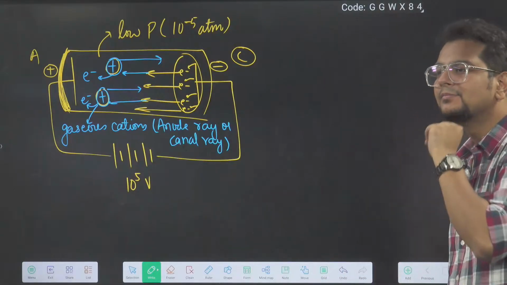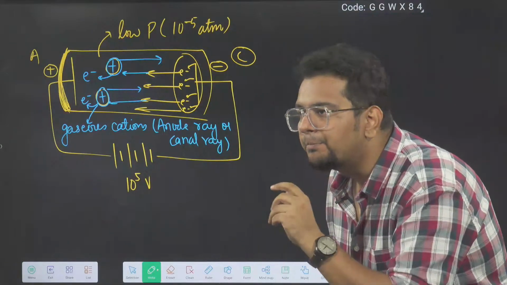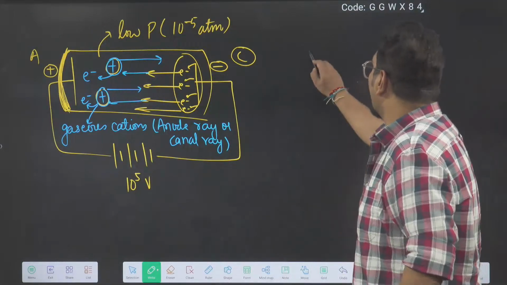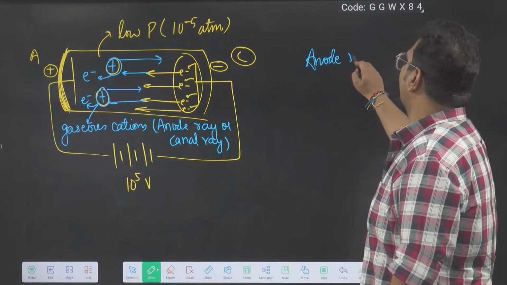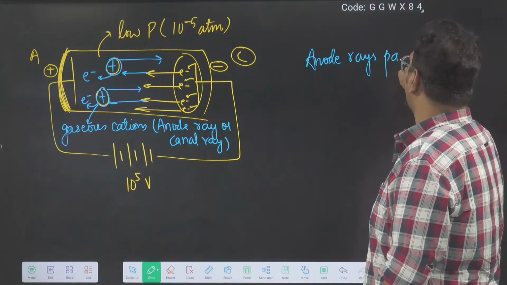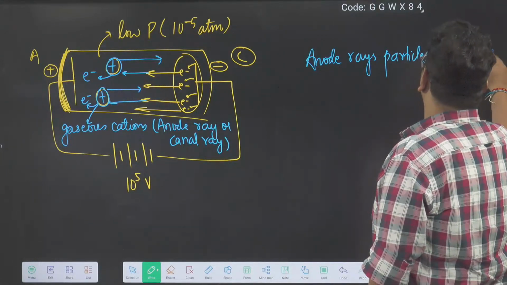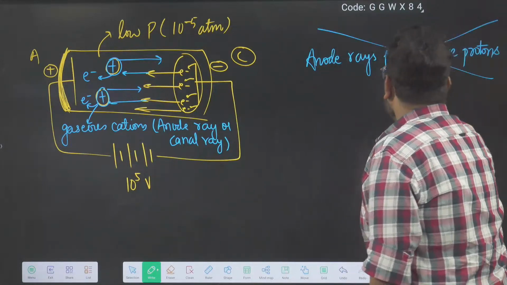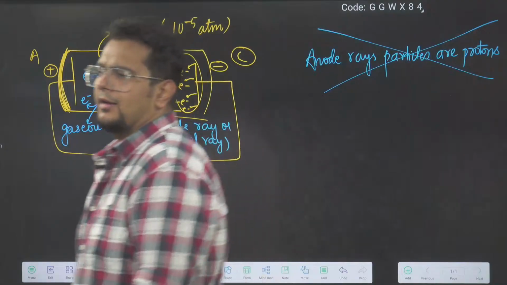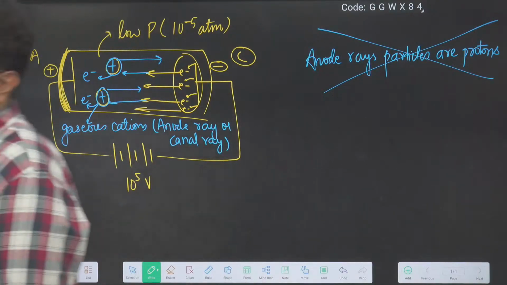Perfect. So what are anode ray particles? Protons. Completely wrong, garbage. One person said hydrogen, very stupid.